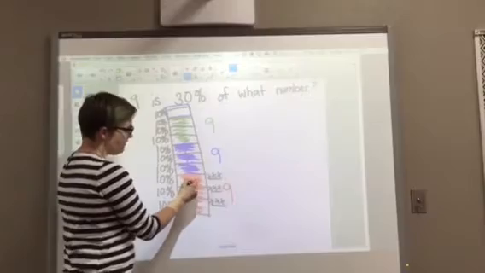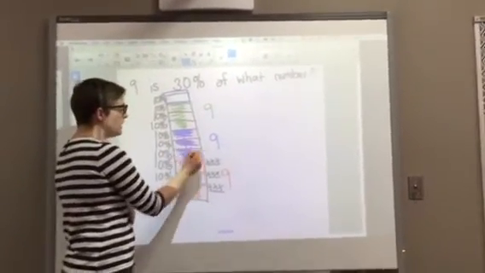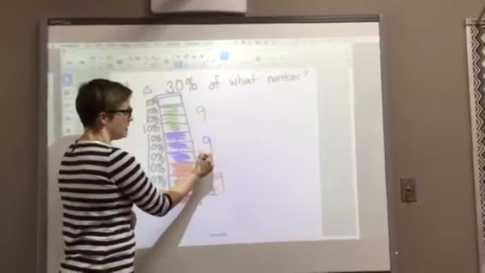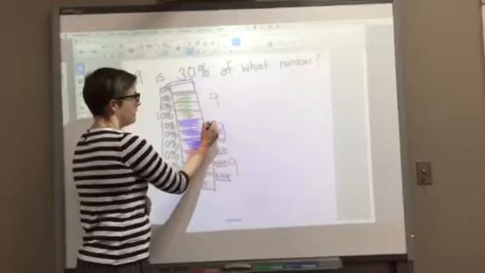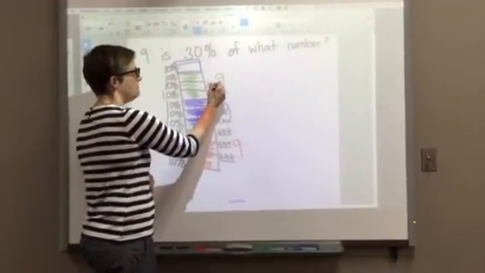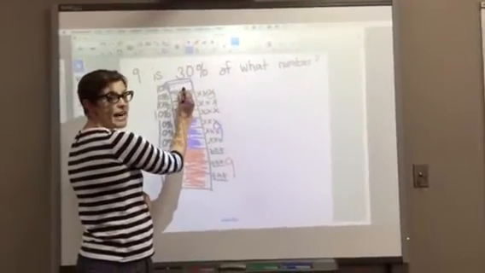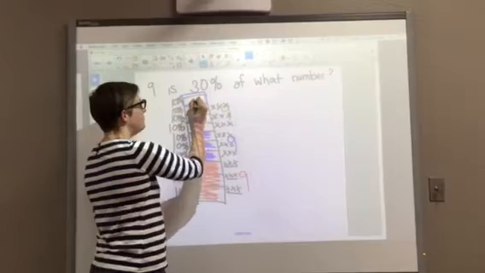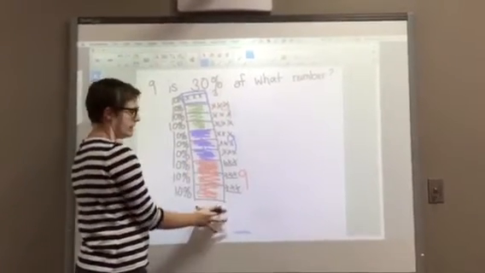That means that in each of these, I can assume that there are 3. There's 3 M&Ms in each square, and this one is going to be the same thing. 9 divided by 3 is 3. And again here, 9 divided by 3 is 3. So I know that in this last block, I'm going to have 1, 2, 3. That's the pattern of this.